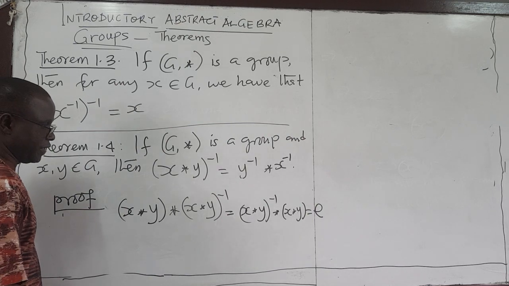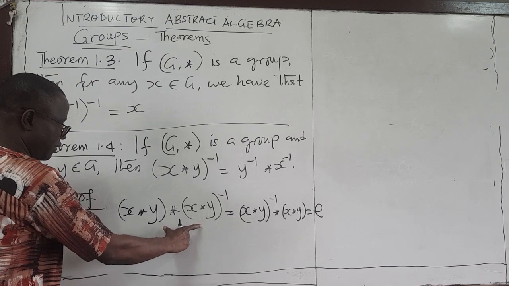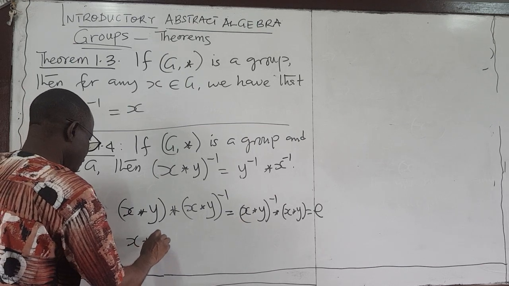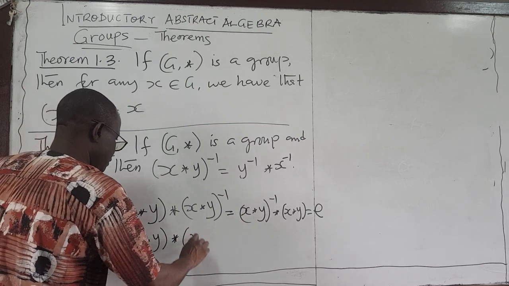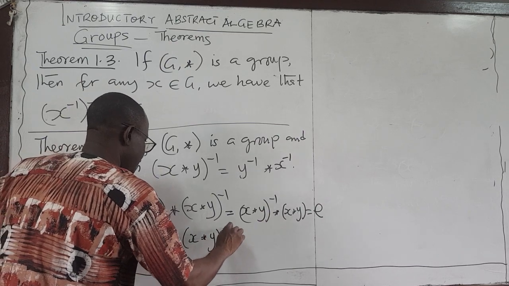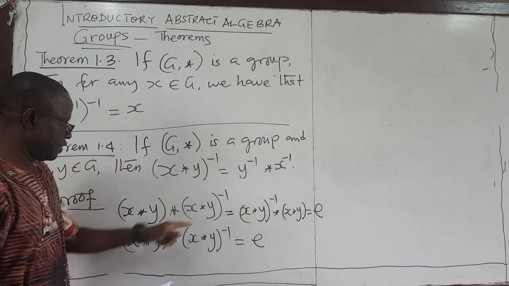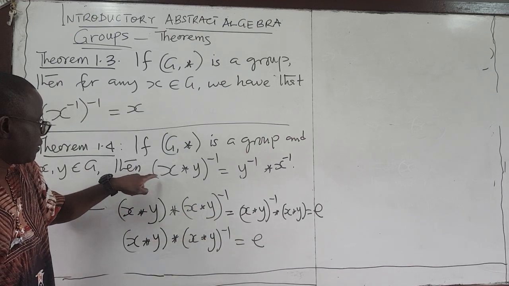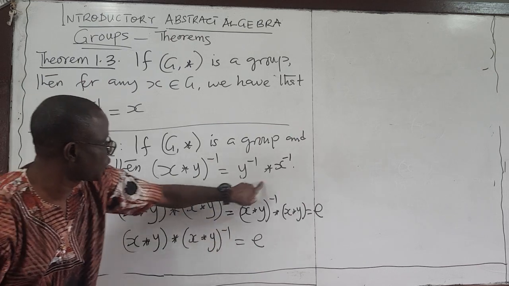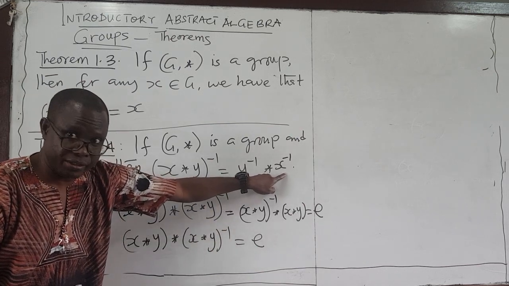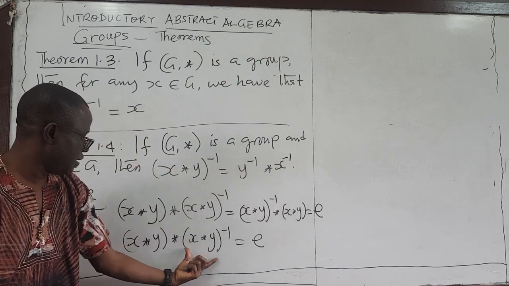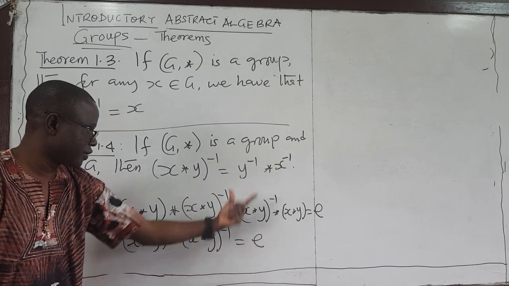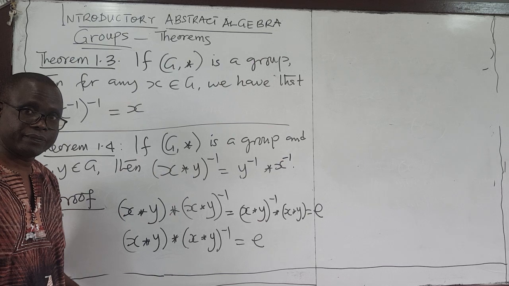Okay. So we'll just take one side of it, right? Let's just take this side of it. So this means if I'm able to show this x star y inverse, right? If this is the inverse, then this really holds. Now this theorem says that this guy here is actually this. Which means that if I can plug this guy in here and show that if I operate this on this, I get E, then of course this guy will be equal to that quantity.